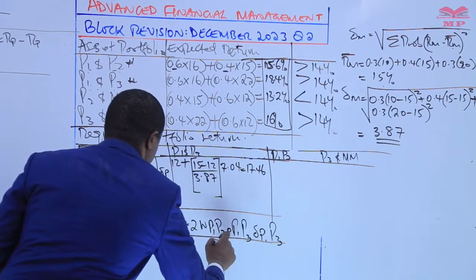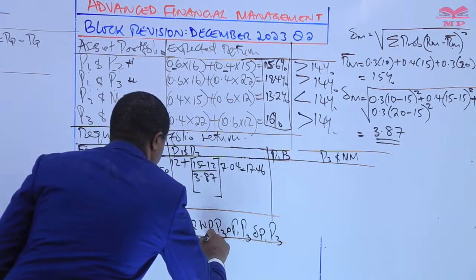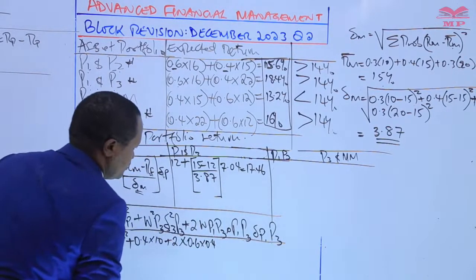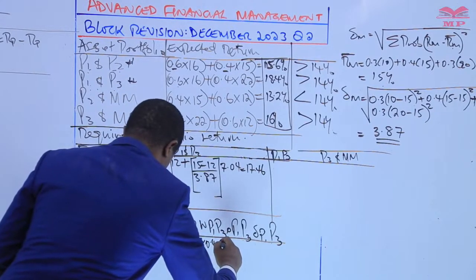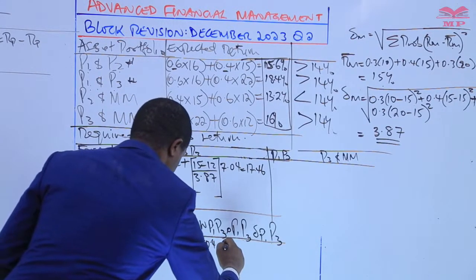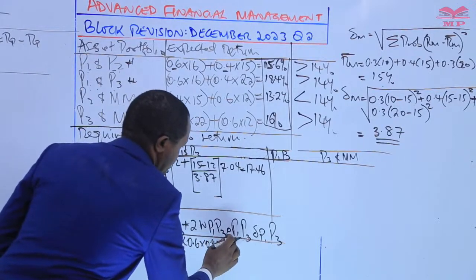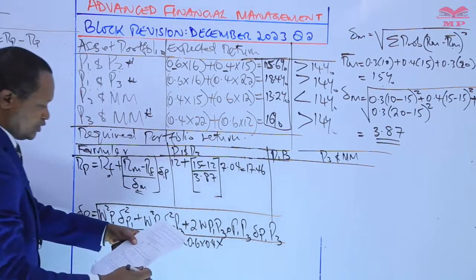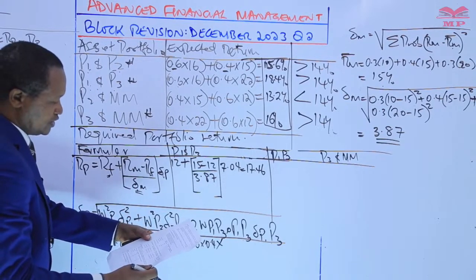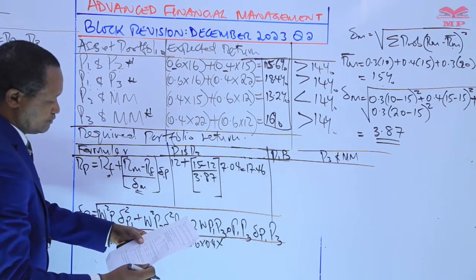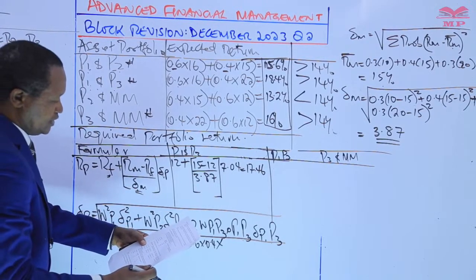The weights of P1 and P3, 0.6 times 0.4. Then the correlation coefficient of P1 and P3 from the question. The correlation coefficient between P1 and P3 is 0.5.